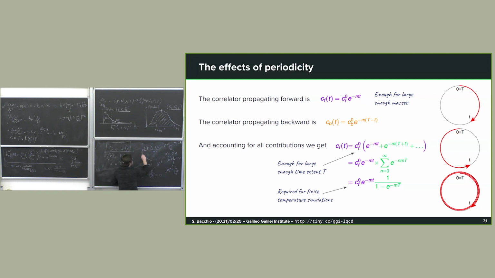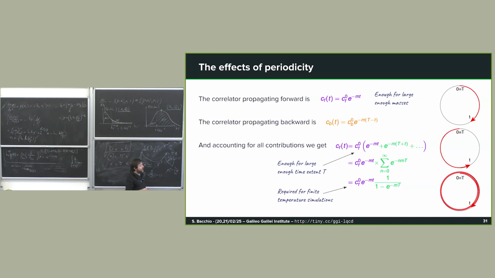When we measure a correlation function from a point that starts at 0, we propagate towards t. We decay. We propagate towards minus t. We decay the other way. But then the lattice is periodic, so we go up again and down because of periodicity in time. Perfect. So this is the one propagating forward in one way, propagating backward in the other way.